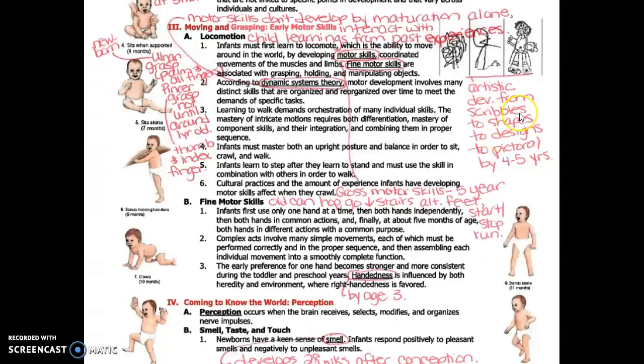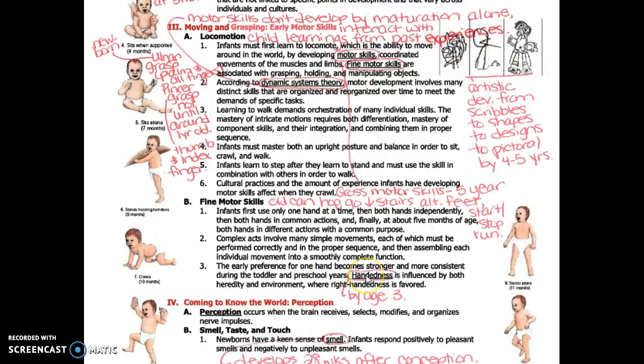And it's just a bunch of scribbles to adults, or a bunch of shapes, and we can't really make out what the picture is until about 4 or 5 years old, and then finally you can get, oh, okay, that's a picture of your family, okay. So before that though, little ones can get so upset because in their mind they're seeing what it is. They know what those scribbles are, but an adult looking at it might have no clue what is going on until about age 4 or 5.